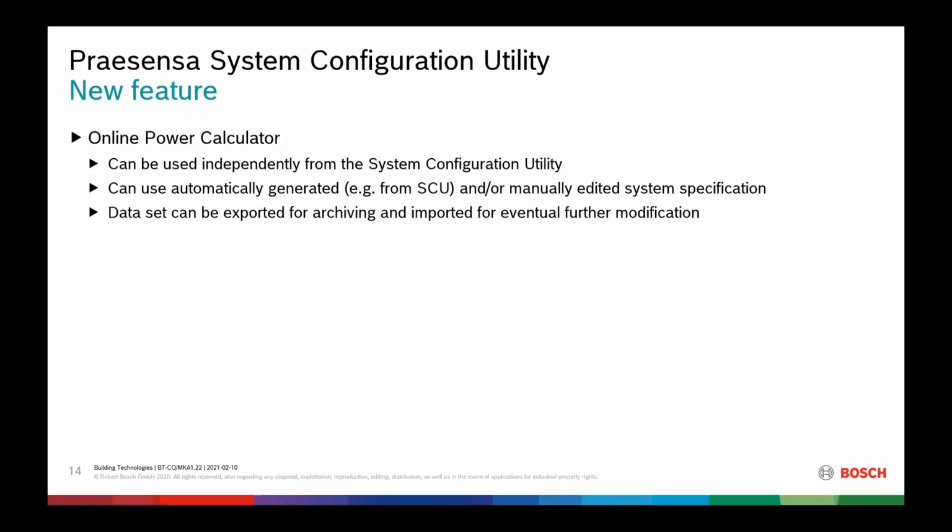So import the generated bill of material, and in addition to that, modify additional entries like call stations and additional accessories which would be used in the system in that online power calculation tool, and then get a precise result of the required power parameters.